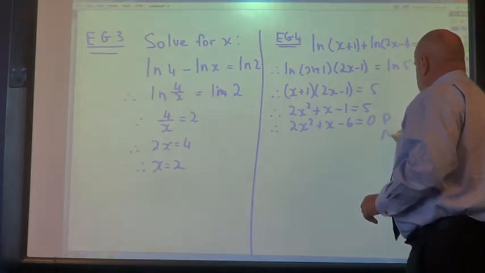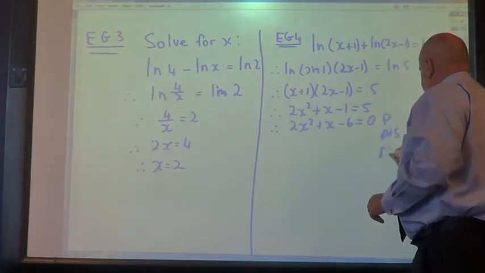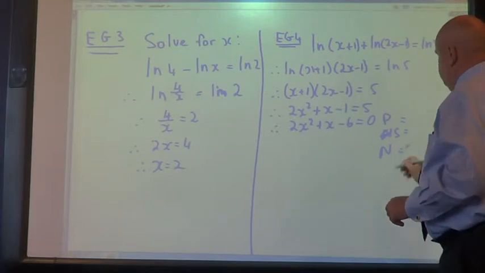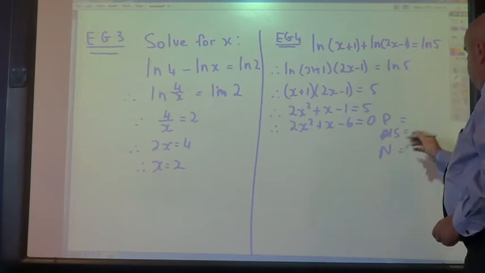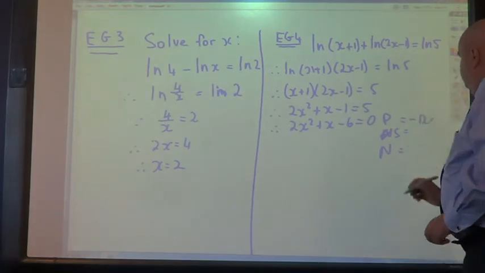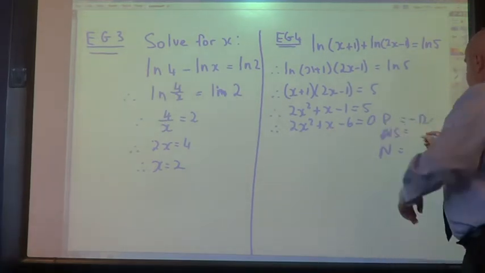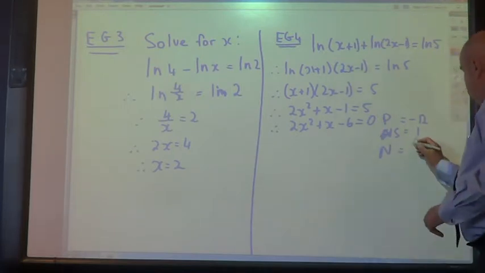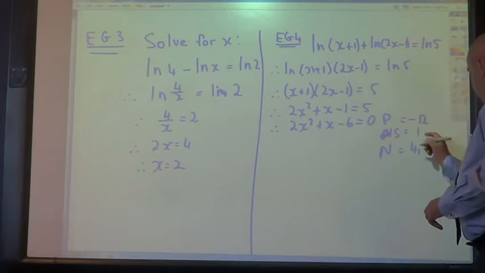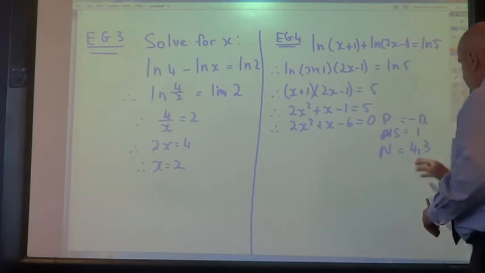And once again, we're going to use, hopefully, the PSN method. If that doesn't work, we could use the quadratic formula. So the product here is 2 times -6 is -12. The sum is +1, and we're after two numbers that when multiplied give us -12 and when added give us 1.